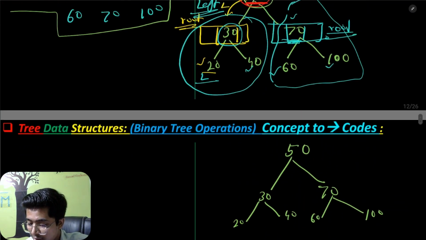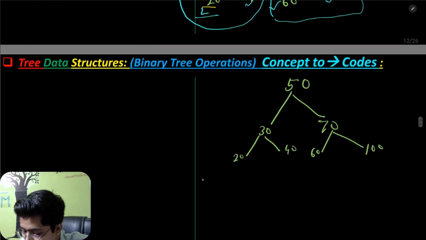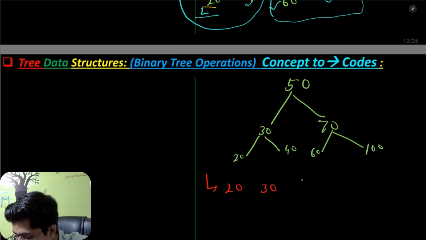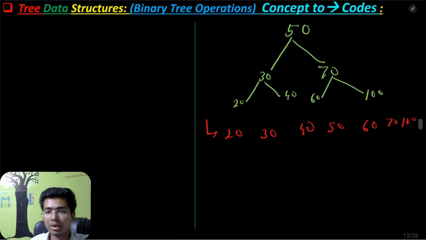So this is 50 first, and then 30 and 70, then 30 has 20 and 40, and 70 has 60 and 100. What we got after the traversal is this result: 20, 30, 40, then 50, then 60, 70, 100. So we got the traversal.